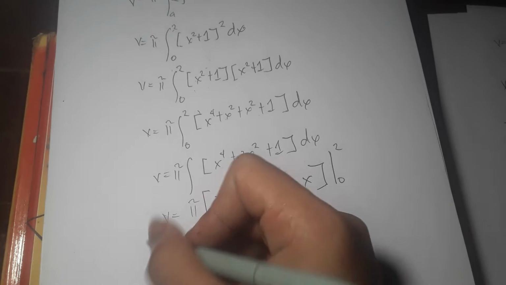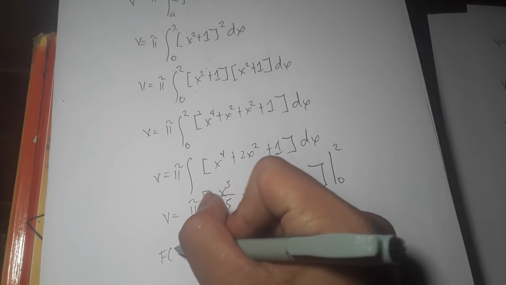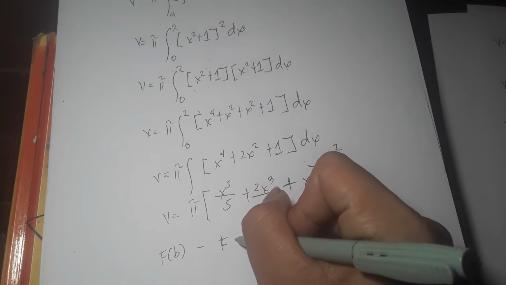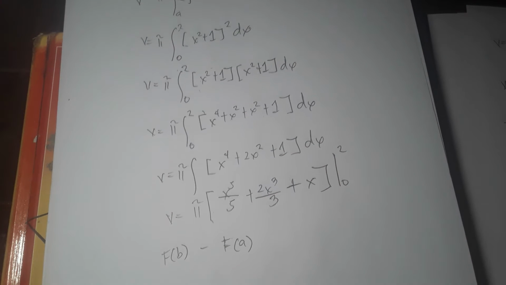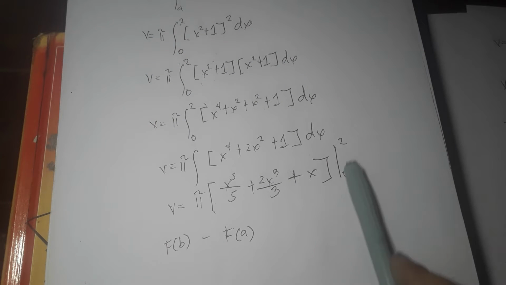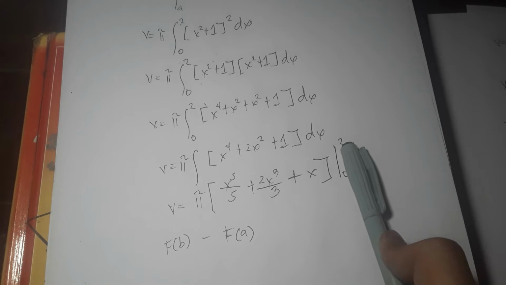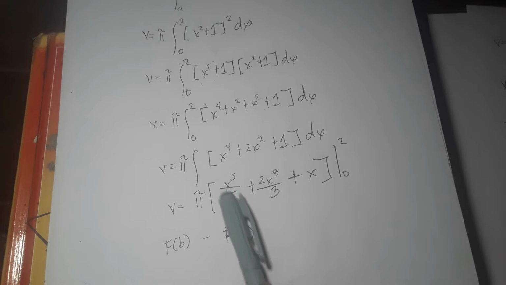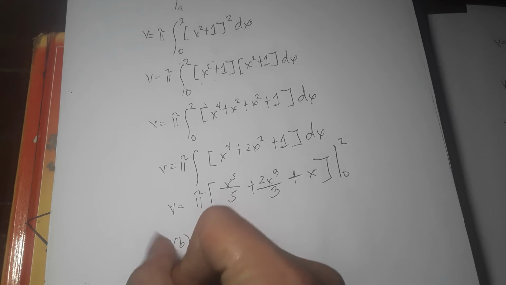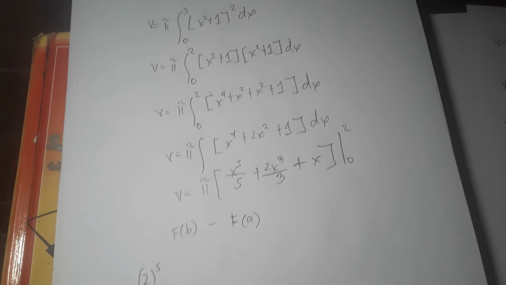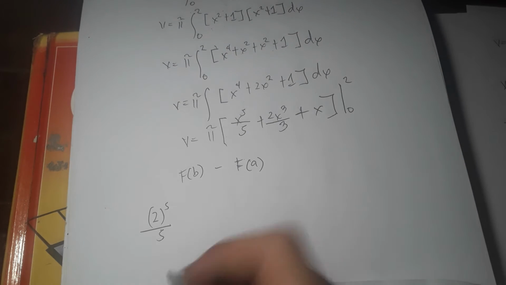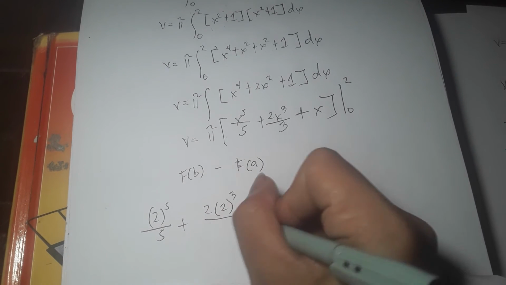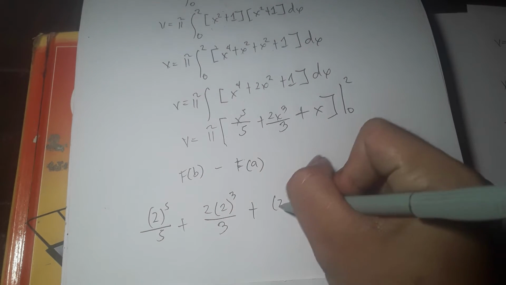So we have f of b minus f of a. Meaning the value of our b is 2, we evaluate this function. So this would be equal to 2 to the fifth over 5, and then plus 2 times 2 raised to the 3 over 3, and then plus 2.